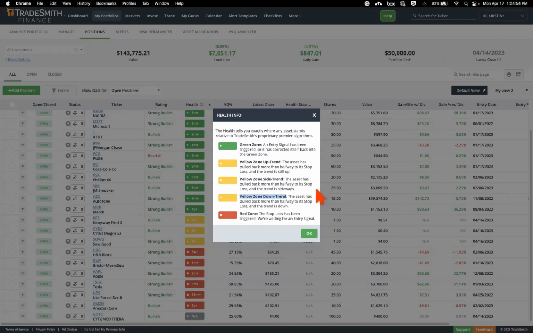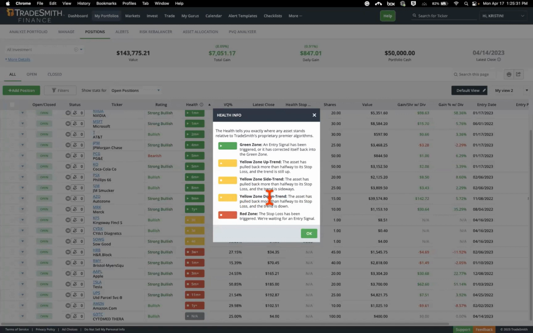Sometimes, not always, and this is not advice, but on my stocks, when I do get these alerts that it's in the yellow downtrend, sometimes I sell on the yellow downtrend versus waiting for it to get into the red, because a lot of these stocks, if you have a yellow downtrend, I don't have one on here, but on my portfolio right here, if you hover over a yellow downtrend, if you have one in your portfolio, it will tell you that it's impending the red zone, and 98% of the time it does go in the red. So sometimes I do sell them on yellow downtrend.